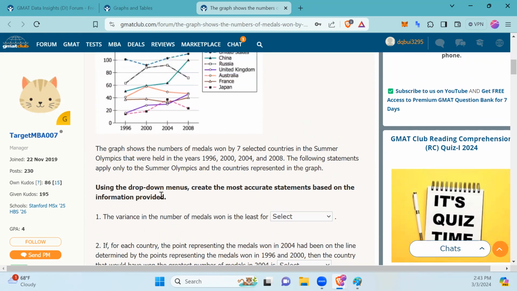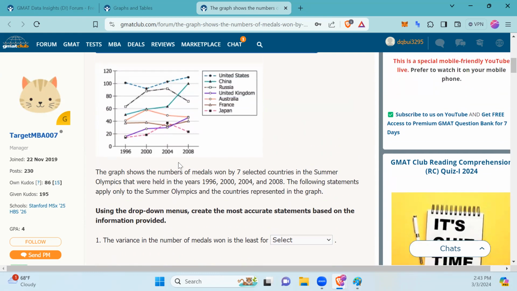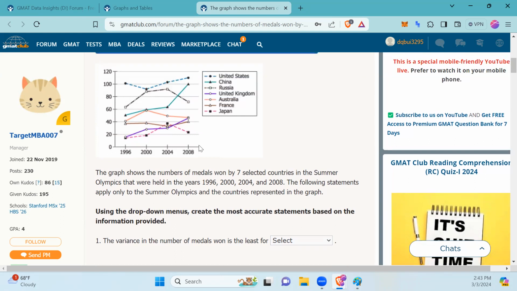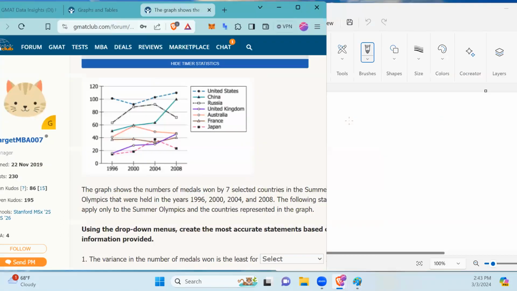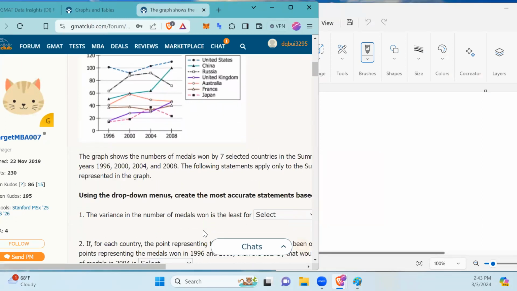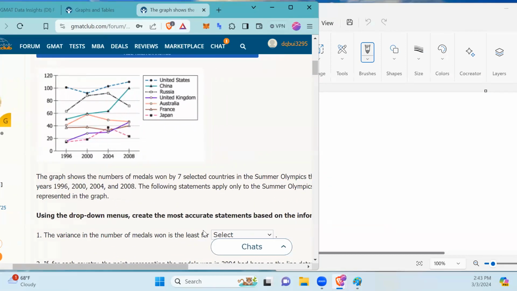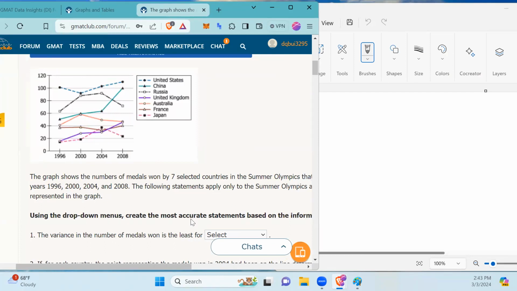So what is the variance? Can you quickly explain what is meant by variance? The variance calculates the deviation from the mean. So here we would be looking for the country with the least variation, which means the least variation from the mean.